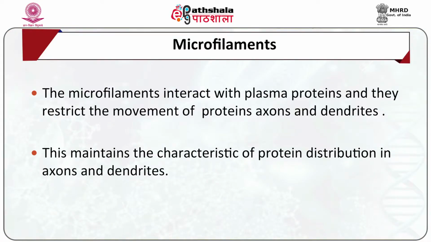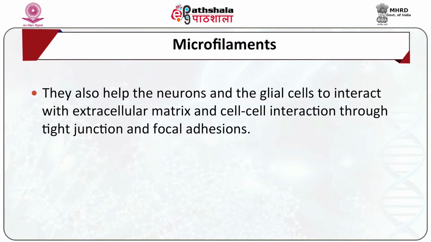The microfilaments interact with the plasma membrane proteins and they restrict the movement of proteins between axons and dendrites. This maintains the characteristic protein distribution in axons and dendrites. They also help the neurons and the glial cells to interact with the extracellular matrix to make cell to cell interaction.